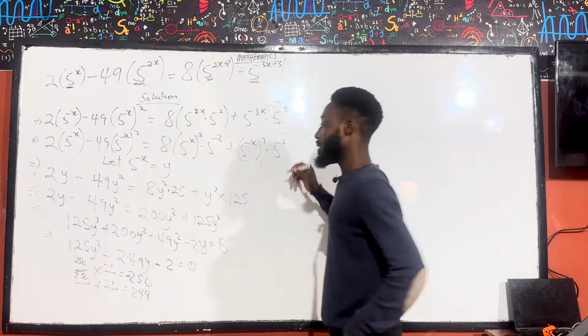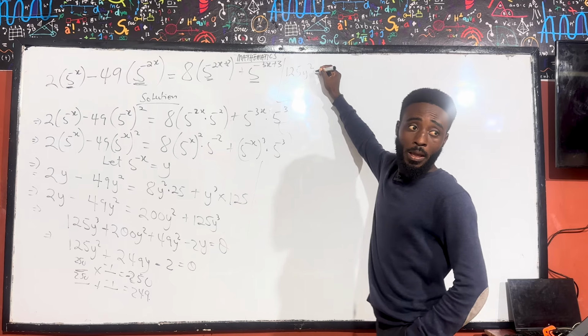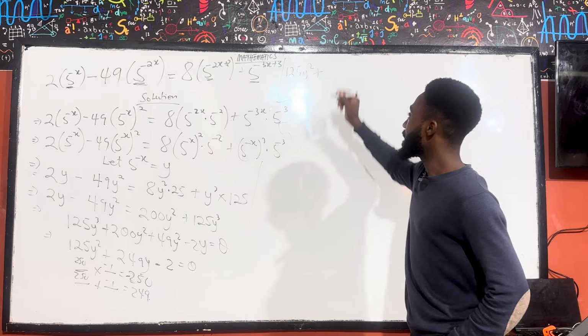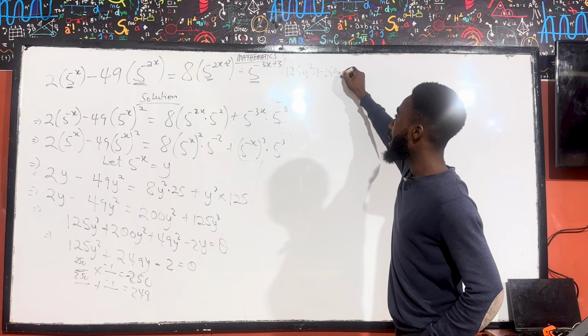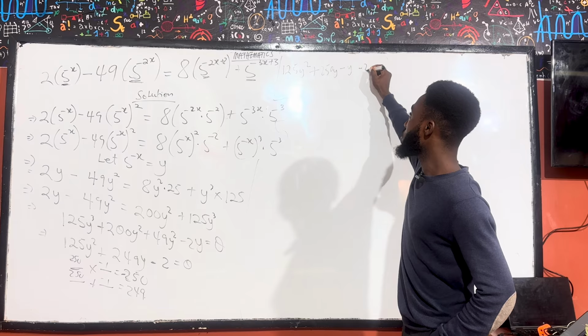So I can now say that this will become 125y squared plus 250y minus y minus 2 equals 0.